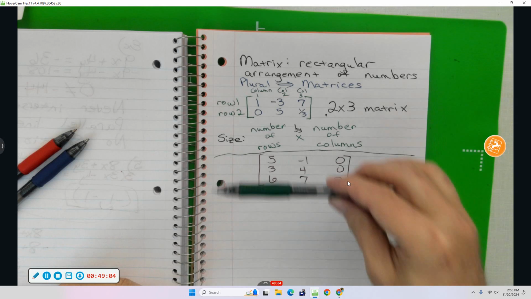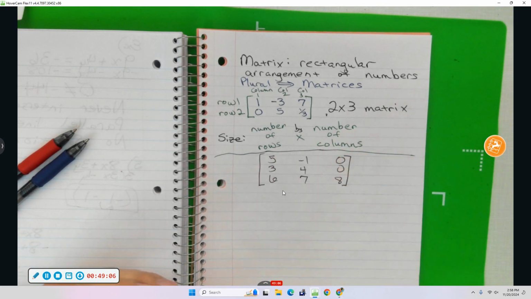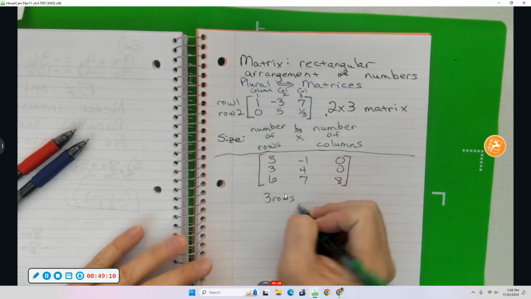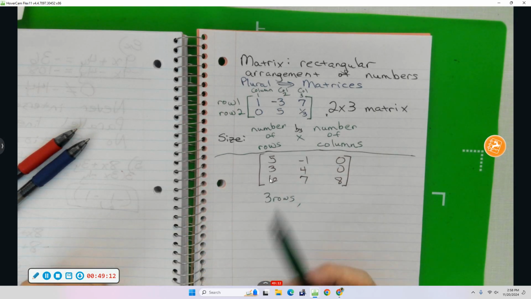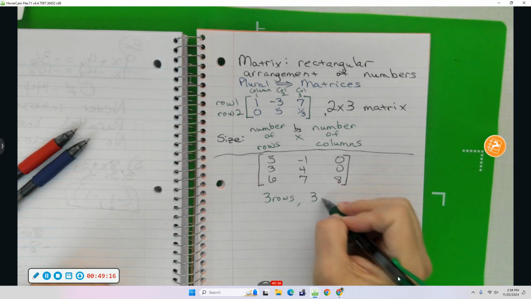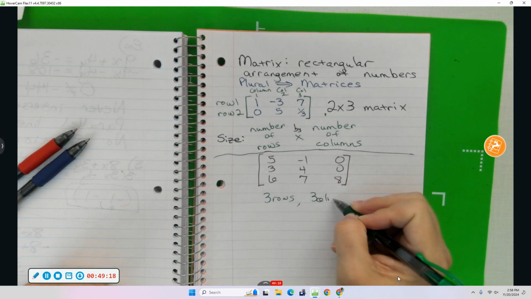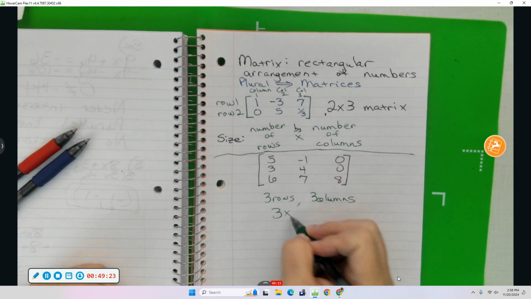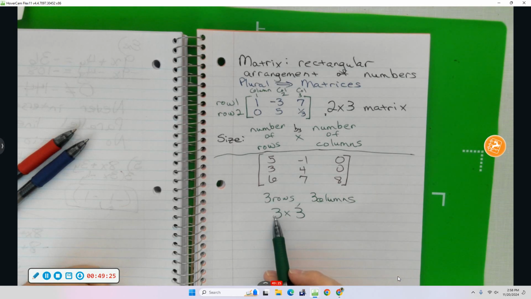The rows are the horizontal alignments, so we have 3 rows. How many columns do we have? The columns are the vertical alignments. So 3 rows, 3 columns. That means that we have a 3 by 3, where the dimensions are the same, just like with a rectangle.